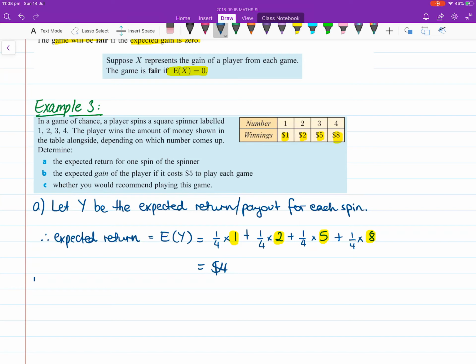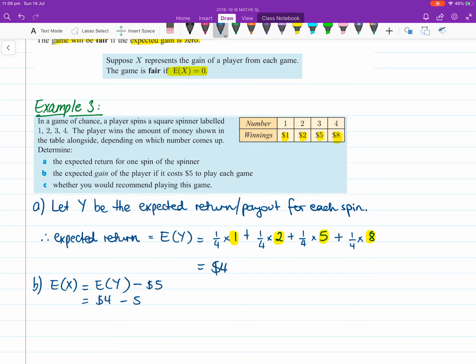Now part B though says, what is the expected gain for the player if it costs $5 to play the game? So that means expected gain, E of X, is going to be E of Y minus the $5 it costs to play.